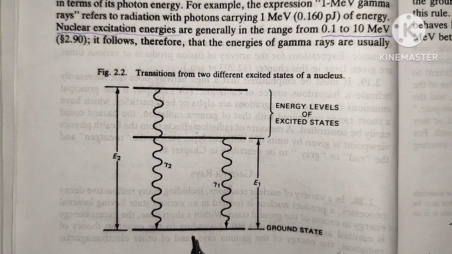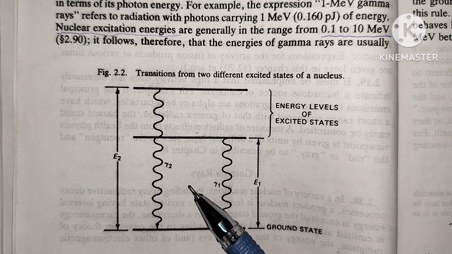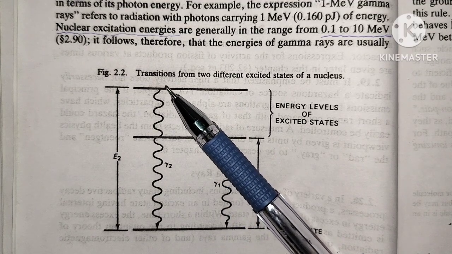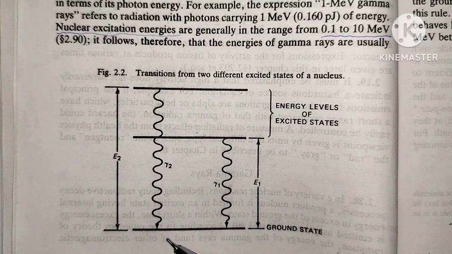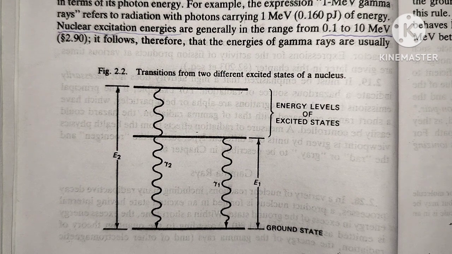Now you remember in this video the probability of a nucleon jumping from second excited state directly to the ground state is less. Okay, this probability is less. You remember this concept from this figure.